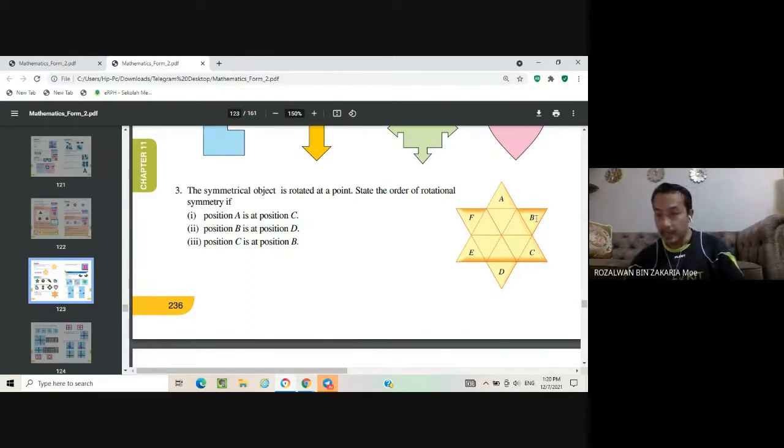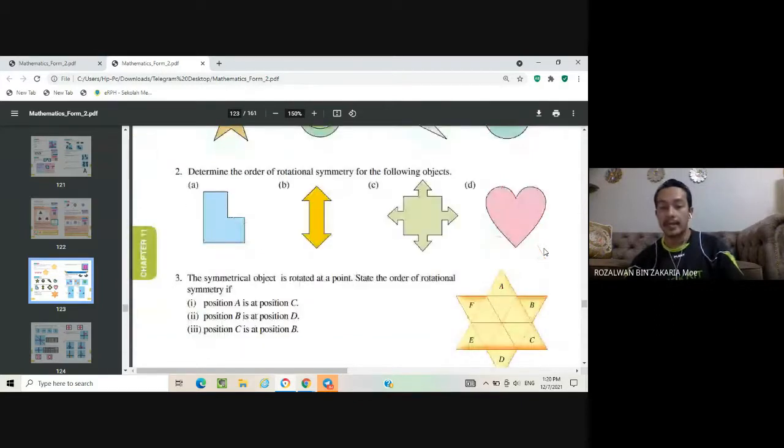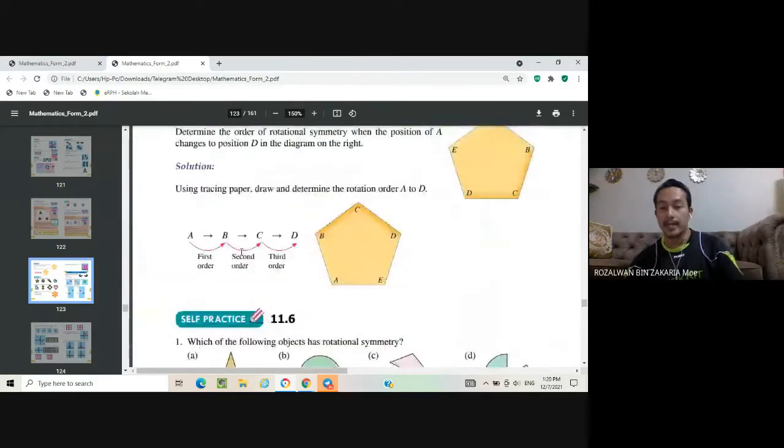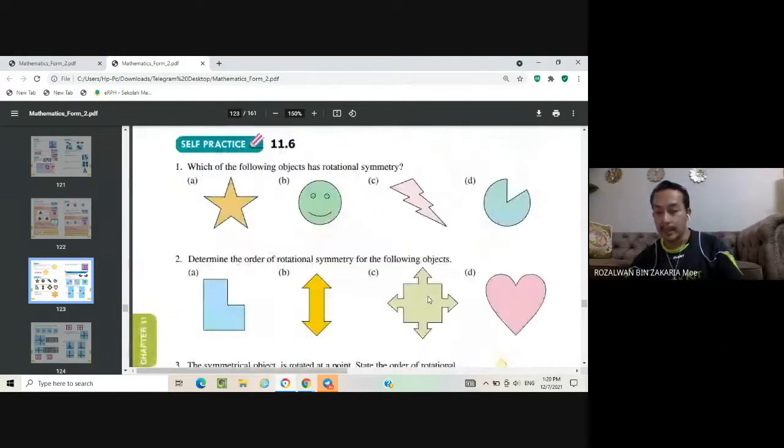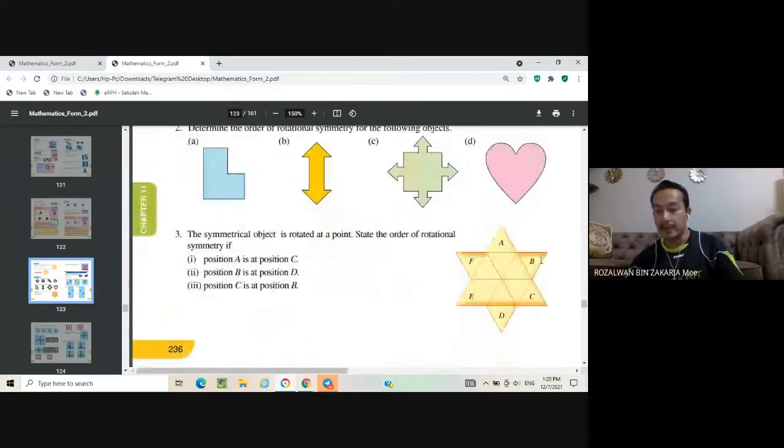From A to B, one order. From B to C, second order. So the answer for 3-1 is the second order.